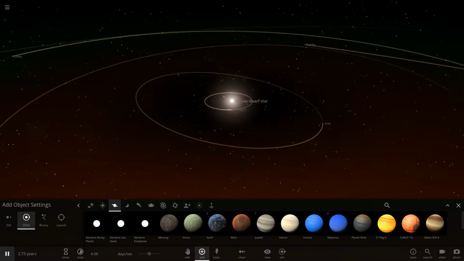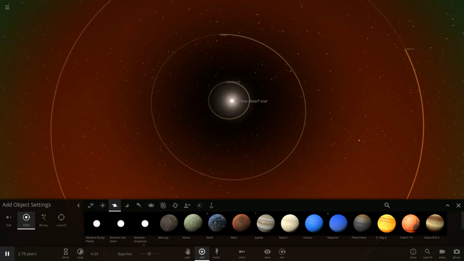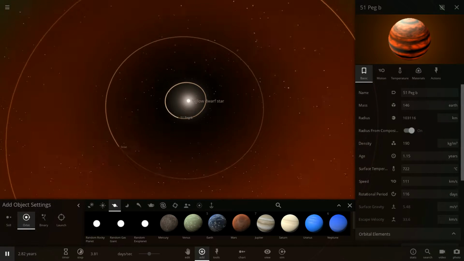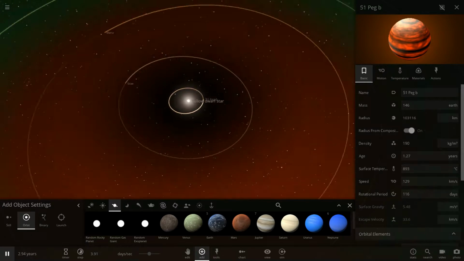And that's why sometimes we find gas giants really close to their stars, because they are the only gas giants that form in their system.